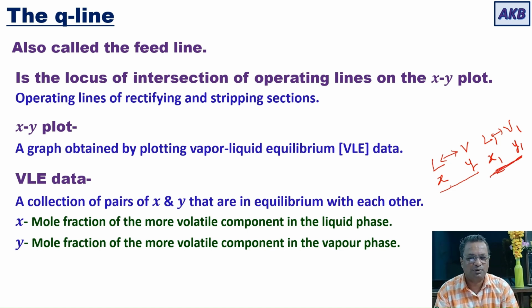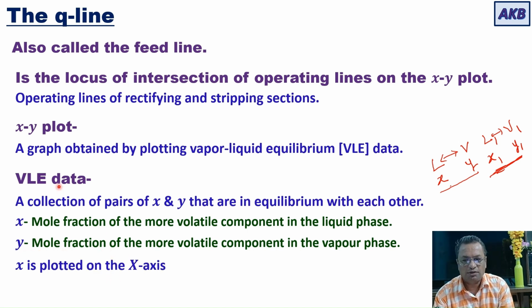That's why I'm saying VLE data is a collection of pairs of x and y that are in equilibrium with each other. x is the mole fraction of the more volatile component in the liquid phase, and y is the mole fraction of the more volatile component in the vapor phase.